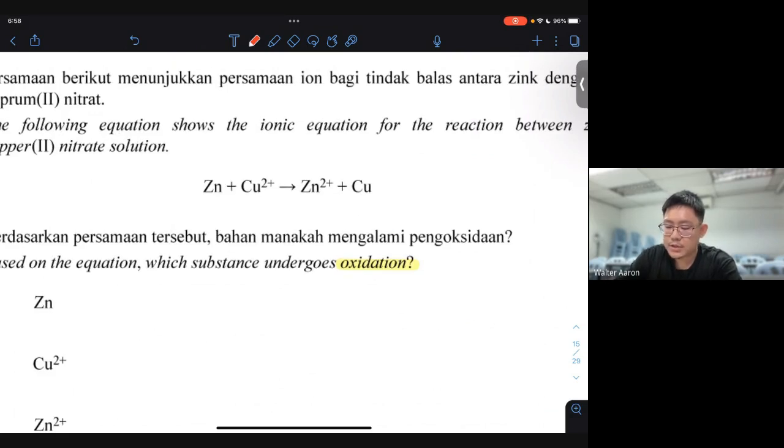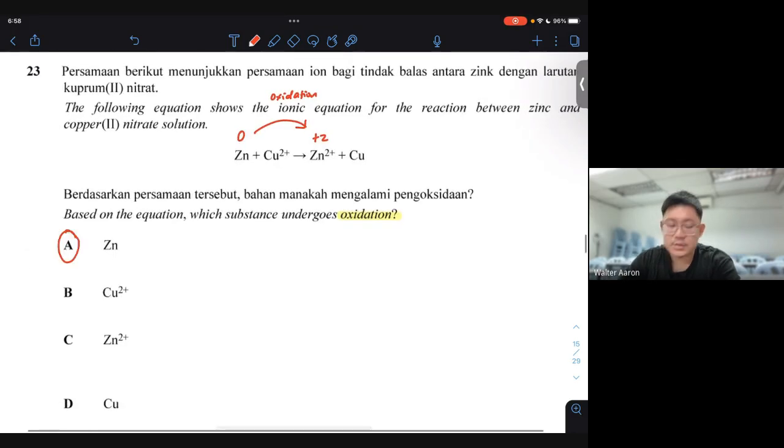Before the reaction, zinc is 0, it has a 0 oxidation state. After the reaction, it becomes +2, which is an increase in oxidation number. So if it goes from 0 to +2, it must be undergoing oxidation. Therefore, the answer will be zinc, A.